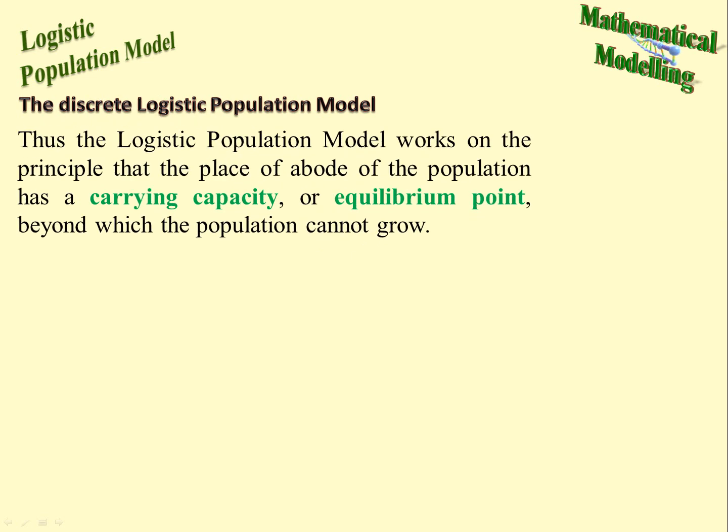So let's have a look at the logistic population model. It works on the principle that the place of abode of the population has a carrying capacity or equilibrium point beyond which the population cannot grow. It gets to a stage, and after that the food will not sustain any greater numbers.